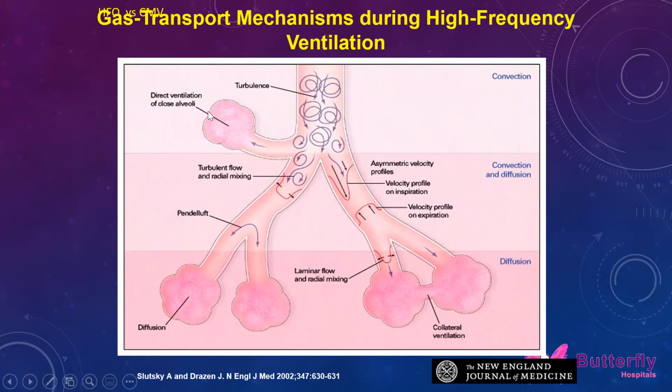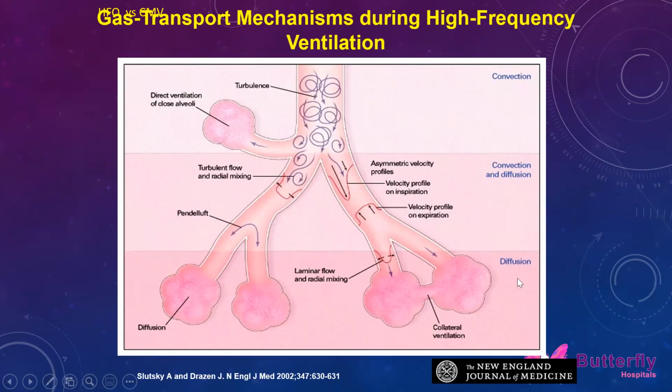And in the closed alveoli, there are direct pressures that go into the lungs. So there's direct ventilation, there's a pendelluft effect, there's a diffusion mechanism, and all the way through the airway, there is laminar flow, and during the laminar flow itself, the gas exchange happens. So it happens at the airway level and at the alveolar level.